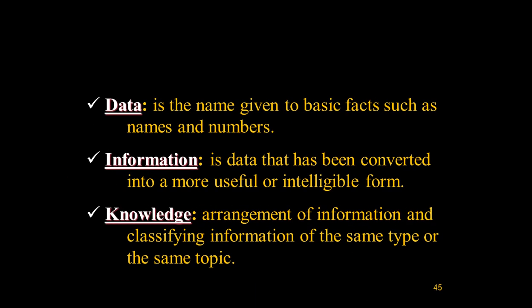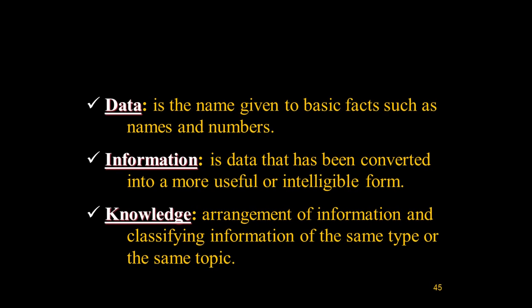So as I said, data is the name given to basic facts such as names and numbers. Then information is data that has been converted into a more useful and intelligible form. Knowledge is the arrangement and classification of information of the same type or same topic.